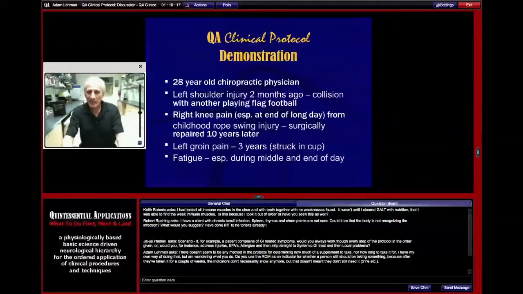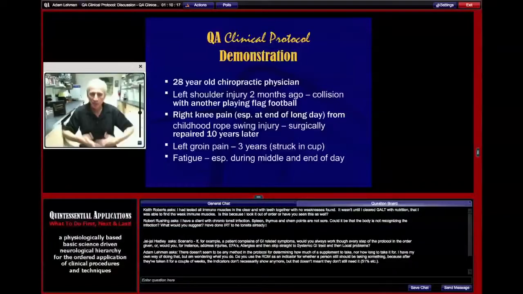Right knee pain, especially at the end of a long day, from a childhood rope swing injury that was surgically repaired 10 years after the injury. A left groin pain from an athletic injury 3 years prior. He was struck in a cup he was wearing over his testicular and private areas.